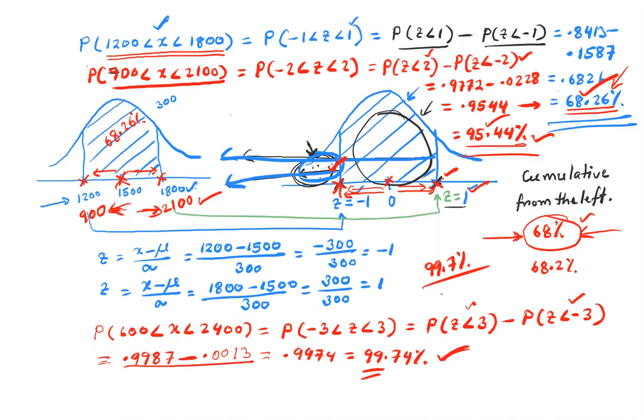When you are going between 600 and 2400, you are actually going 3 standard deviations to the left and 3 standard deviations to the right, okay? So that is gonna be the probability of z less than 3 minus the probability of z less than -3. All right, so that's what it is. It is 99.7% in the actual formula, but in reality it's probably 99.74% or so.